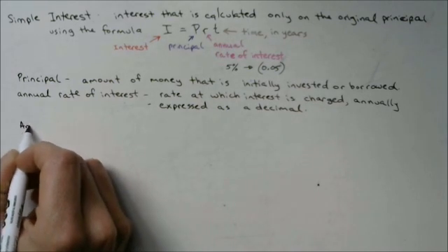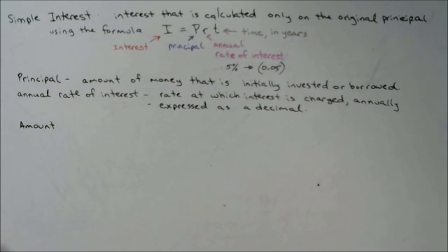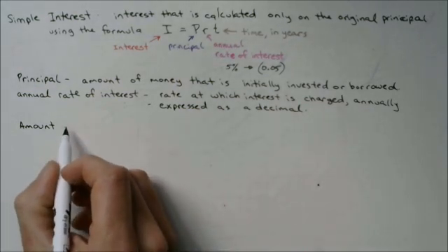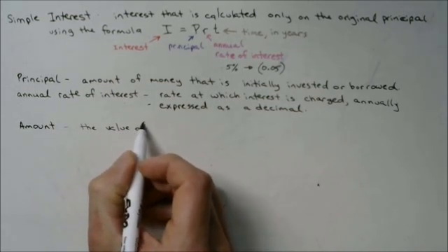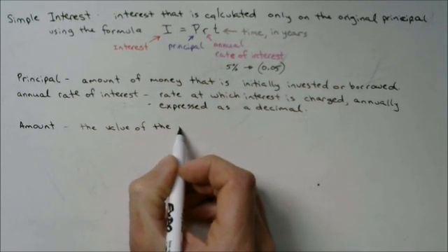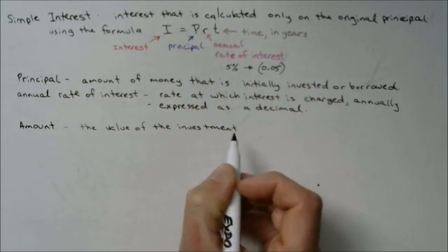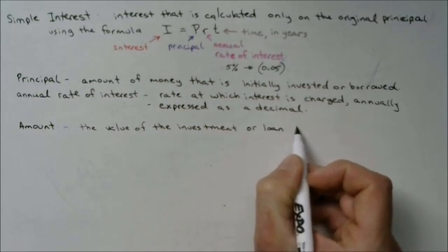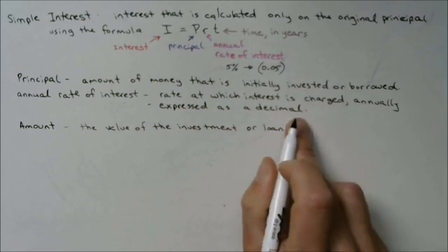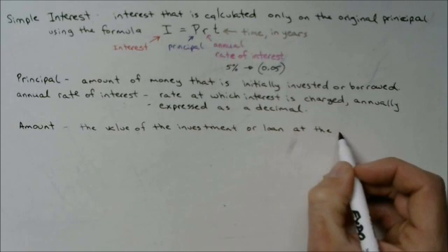Whenever you hear the word amount and you're talking about interest or investment or borrowing or anything like that, this is the value of the investment or loan at the end of a certain time period.